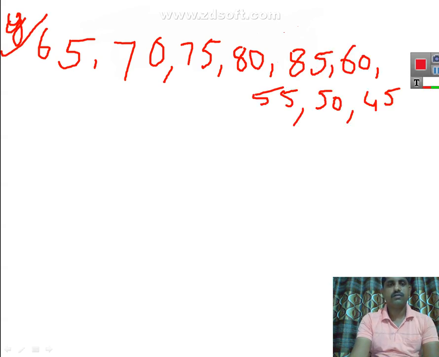Here there are totally 1, 2, 3, 4, 5, 6, 7, 8, 9 elements. Then a of 10 equal to infinity.